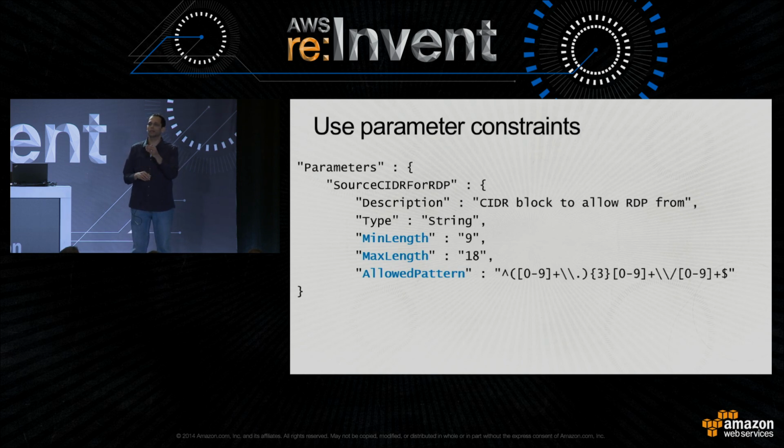So I'm passing in CIDR blocks as a parameter. And using parameter constraints, that is min length, max length, and the regex for allowed pattern, I can make sure that the value passed in, even though it's a string, is a valid CIDR.